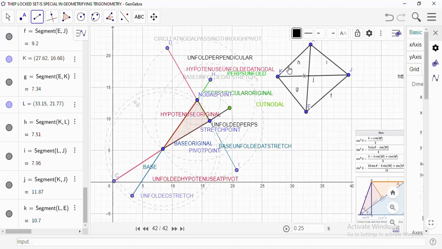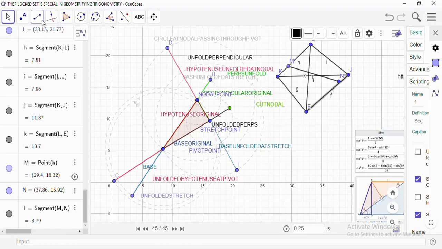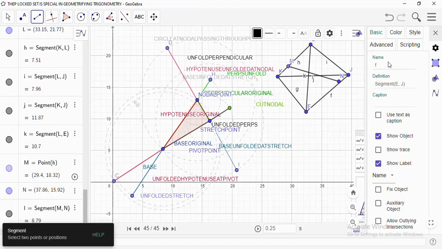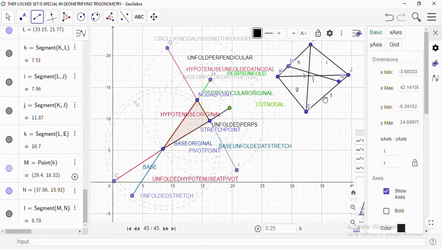Several such line segments we can make, and then we can consider that any of the line segments is an L for that given THEP arrangement, and we can get several benefits out of that.